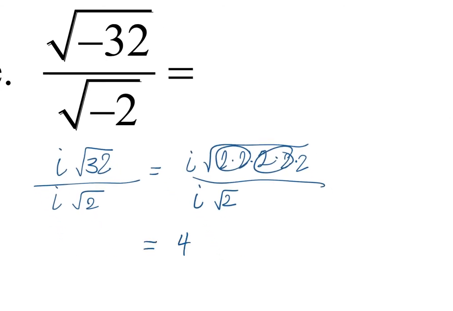So 4i square root of 2. How did I get 4? Because I brought a 2 out, I brought another 2 out. 2 times 2 is 4. 4i square root of 2 all over i square root of 2. Well, look what cancels. Bam, bam, bam, bam. And our answer is a nice 4.